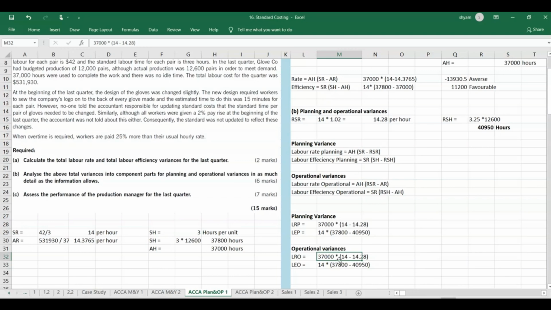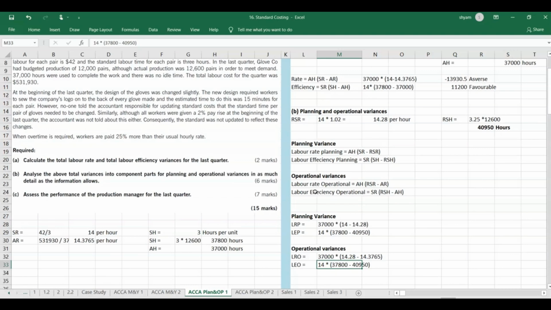AH is the same, 37,000 hours. RSR alone we have to get. RSR is 14.28, that also we know, minus AR. What is AR? AR is the actual rate, 14.35. 3765. Done.